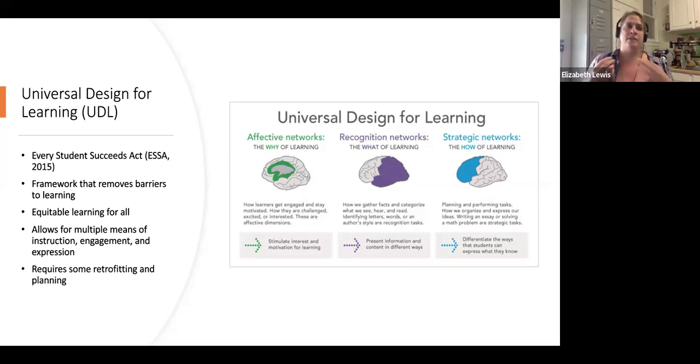Now, if we have a student that has significant and complex expressive language challenges, then we need to find a different way for that student to be able to express his or her understanding about the lesson or the activity. And by doing this and thinking on those individualized terms, we're giving more students an opportunity to learn in more meaningful ways, to really absorb the information in meaningful ways, and to express their understanding without those barriers.